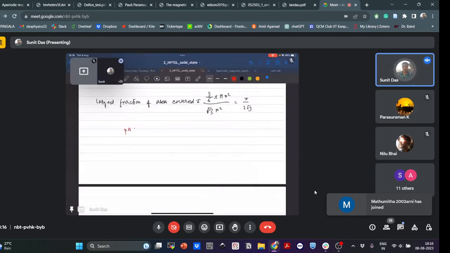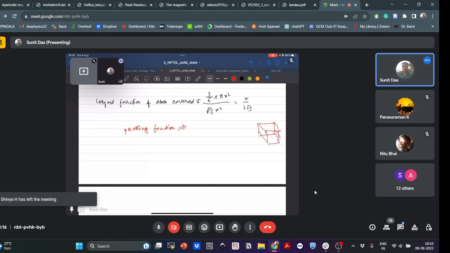I don't know whether it has been covered in the lectures or not, but this is also called packing fraction. It refers to the following: given a crystal, let's say we talk about the familiar cubic crystal, simple cubic case, with atoms at the corners. In a cubic unit cell, how much of the volume is covered by the atoms?